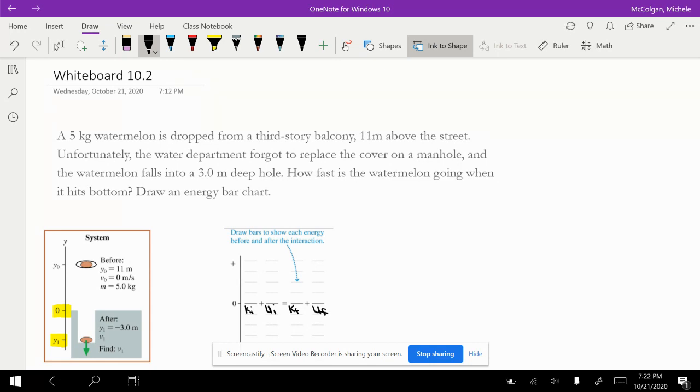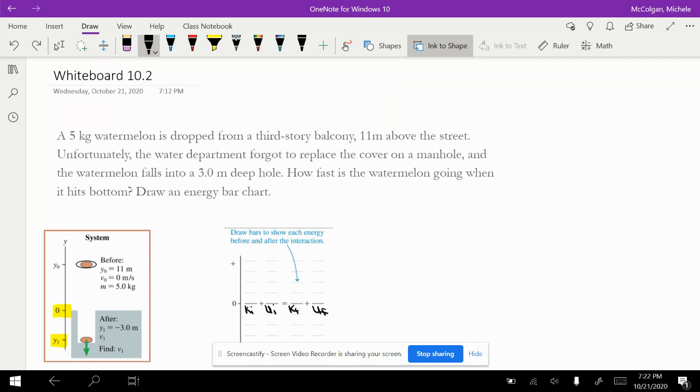So initially, I'm going to have all potential energy, and let's just say all means 4 bars. And I'm going to have no kinetic, so my kinetic is going to be at 0. And then at the end, actually, you know what? I think I'm going to undo that. I'm going to have less.